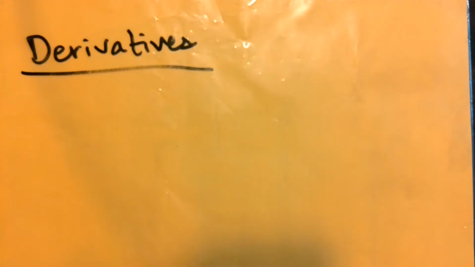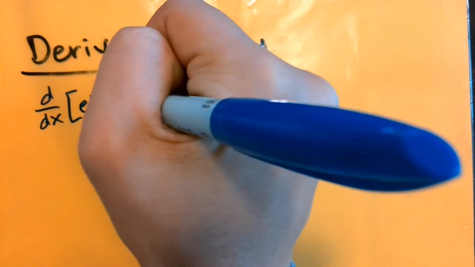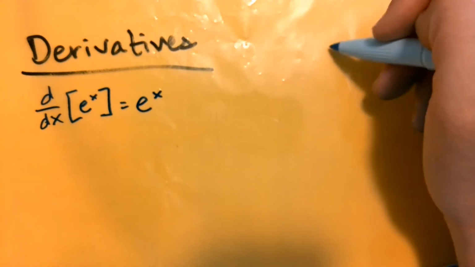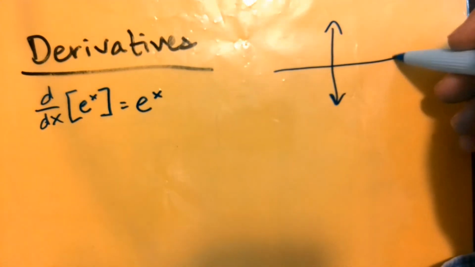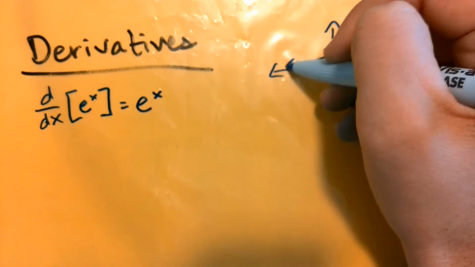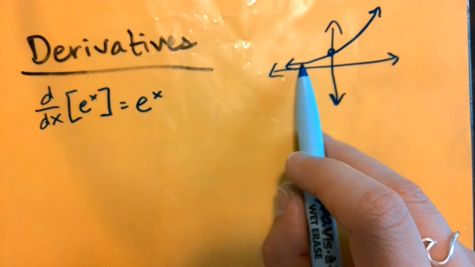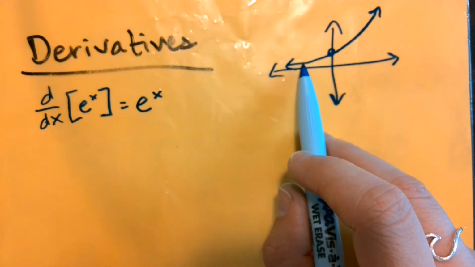So beginning with derivatives, this is pretty interesting: the derivative of e to the x is actually e to the x. Nothing happens with it. If you think about what that graph looked like, and what would be happening with the derivative, where our slope is close to 0, our function is also close to 0.